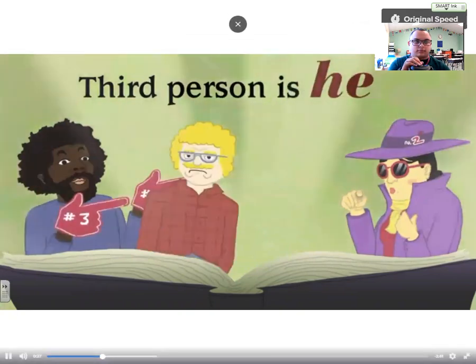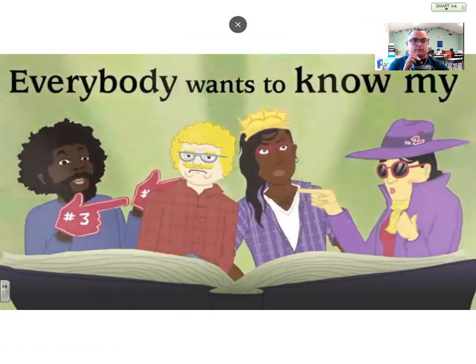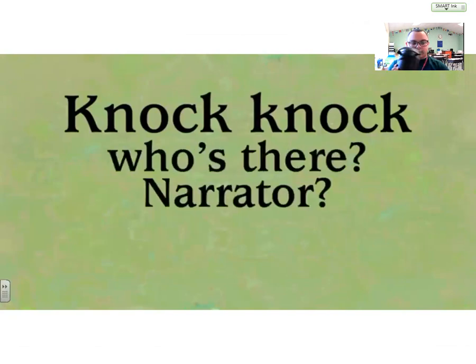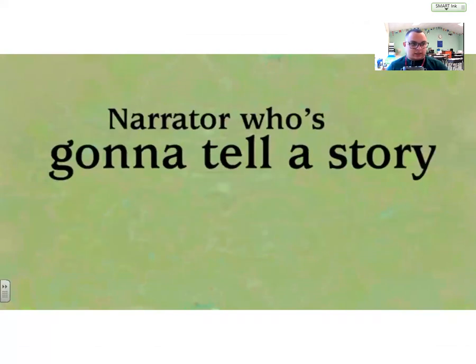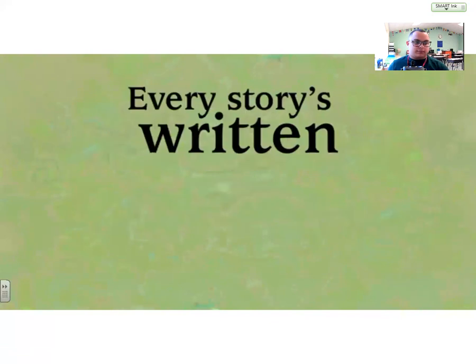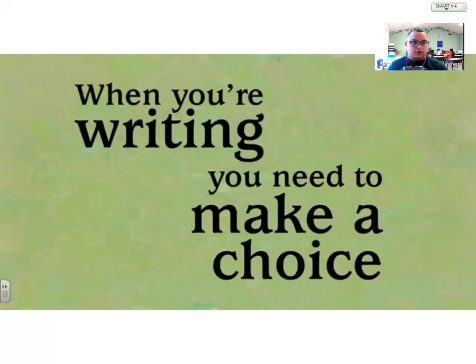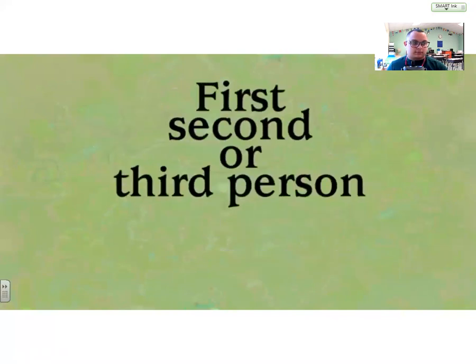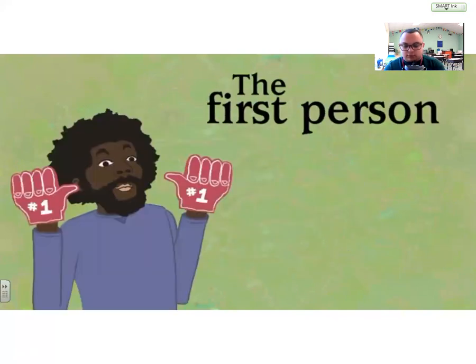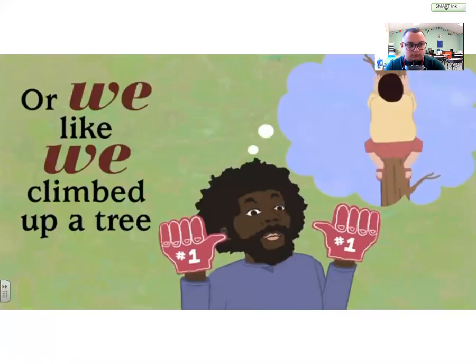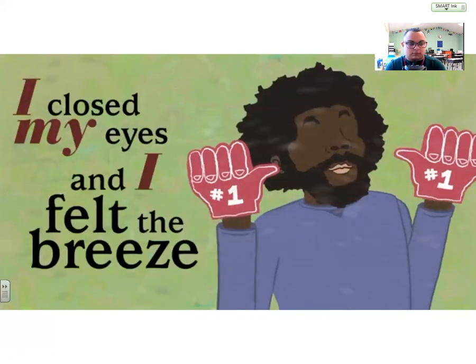Third person is he, third person is she. Everybody wants to know my POV. Hey yo, knock knock, who's there? Narrator, narrator, who gonna tell the story from a point of view? Every story's written in a certain voice. When you're writing, you need to make a choice. First, second, or third person, POV. The first person is all about me, or we, like we climbed the tree. I closed my eyes and I felt the breeze.